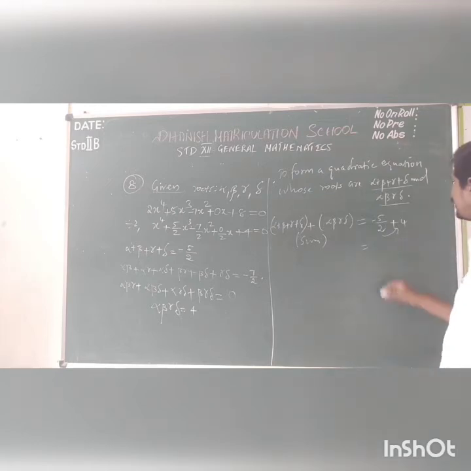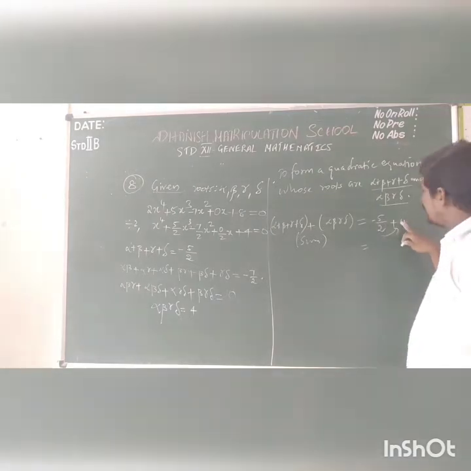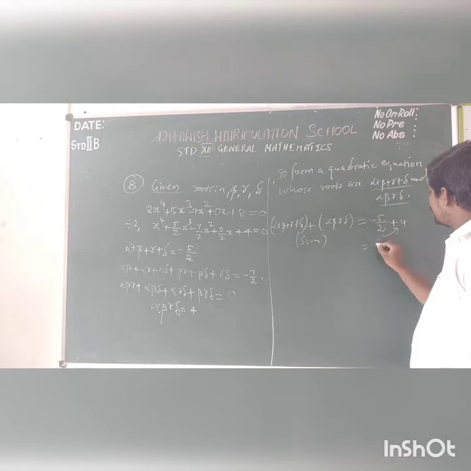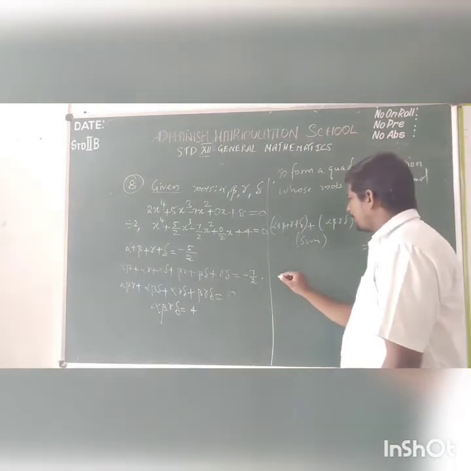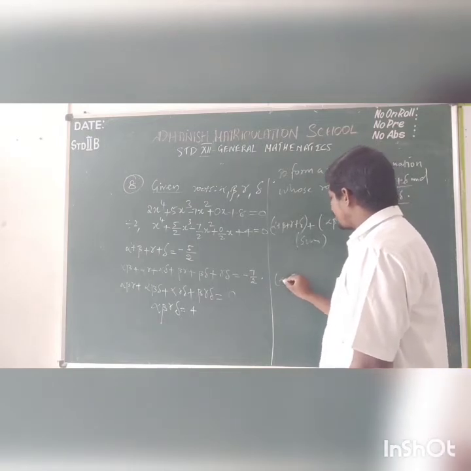You can cross multiply: 4 twos are 8, so plus 8 minus 5 gives 3 by 2. We got our sum as 3 by 2. Now I am going to find the product of the roots.